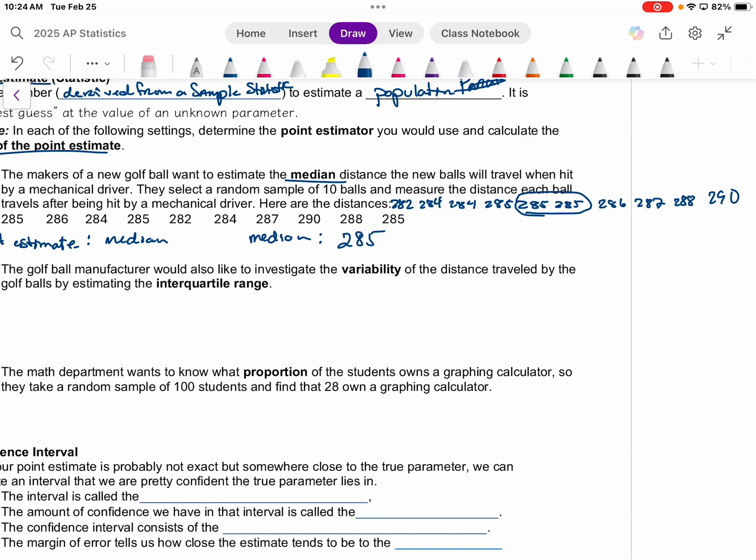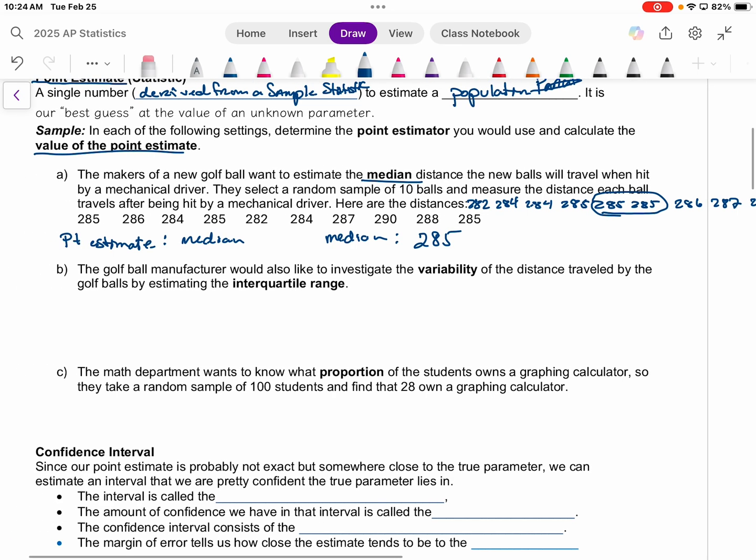Then we go on to the next one. The golf ball manufacturer would like to investigate the variability. For variability, we could use standard deviation, range, IQR, or variance.